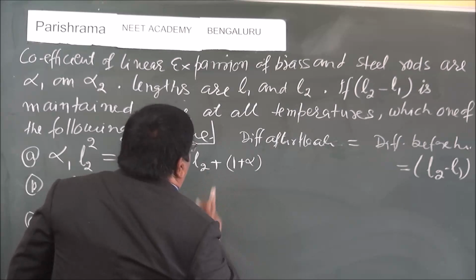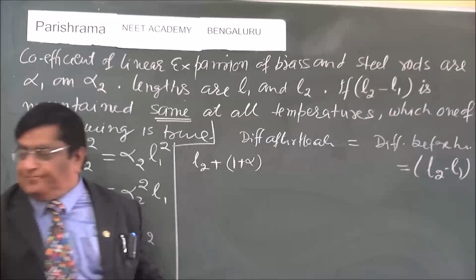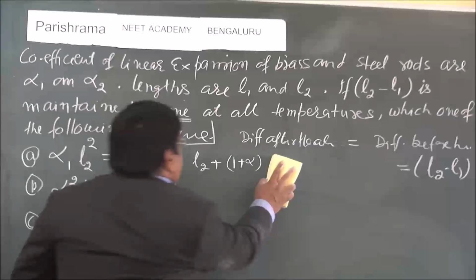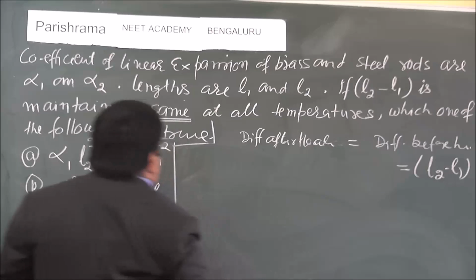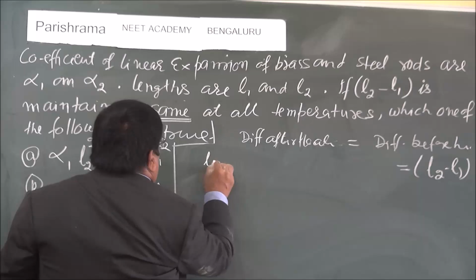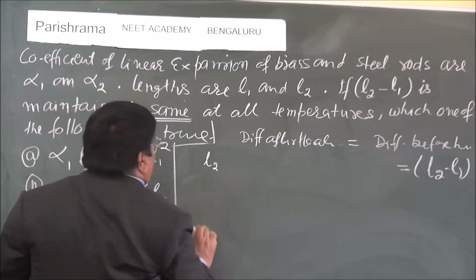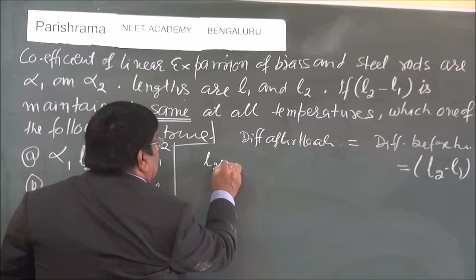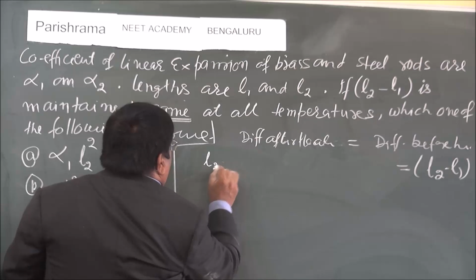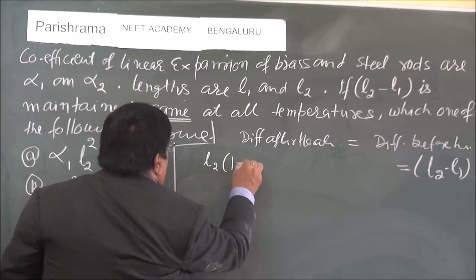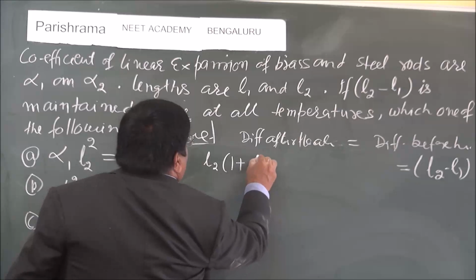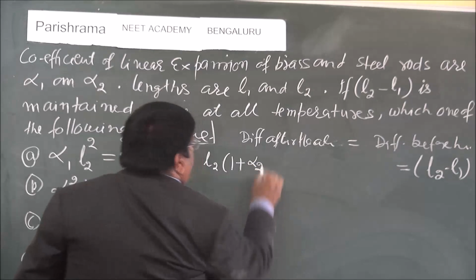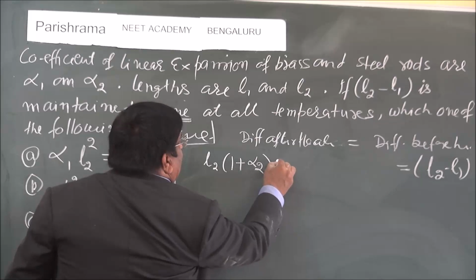No. L2 times 1 plus alpha T. L2, should I make a plus? No. 1 plus alpha 2 into delta T.